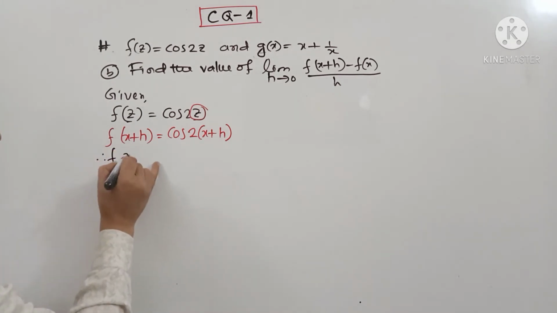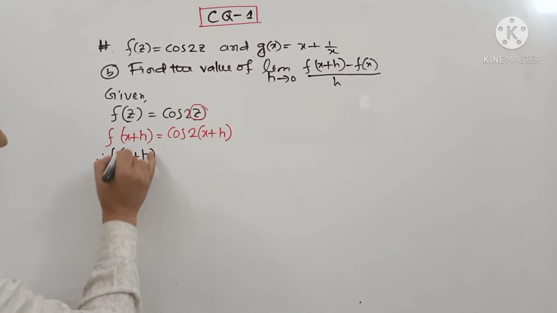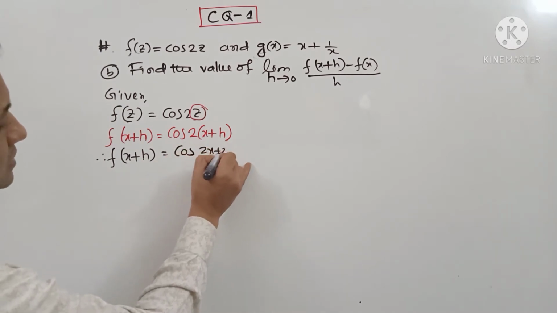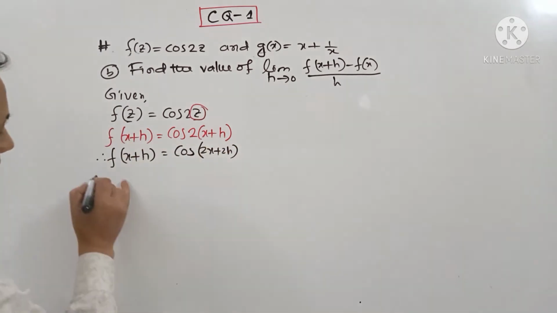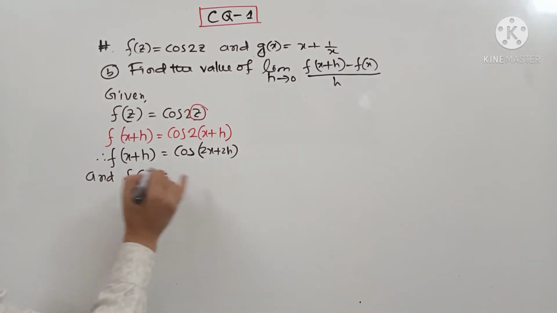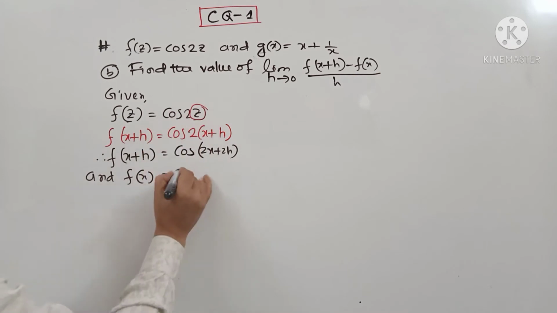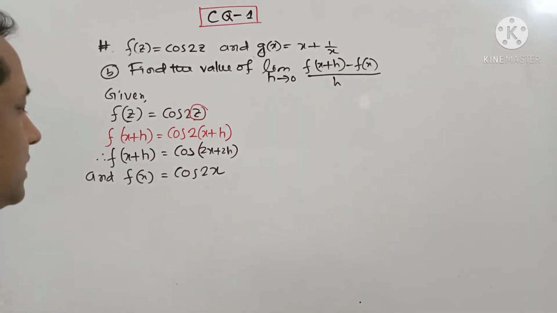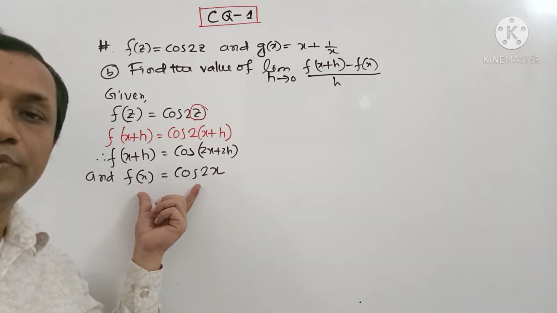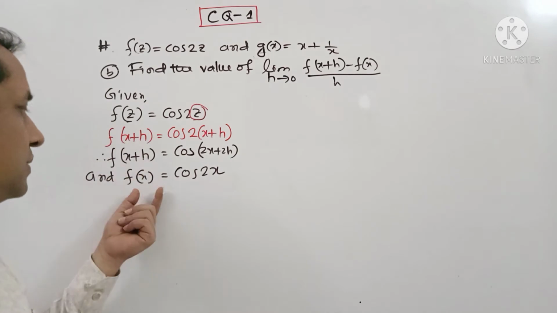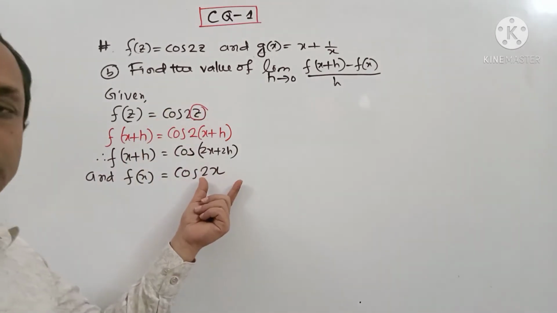So f of x plus h equals cos (2x plus 2h). And find the value of f of x, replacing z equals x, so cos 2x. Students, here f of x means f of z, replacing z equals x, so cos 2x.